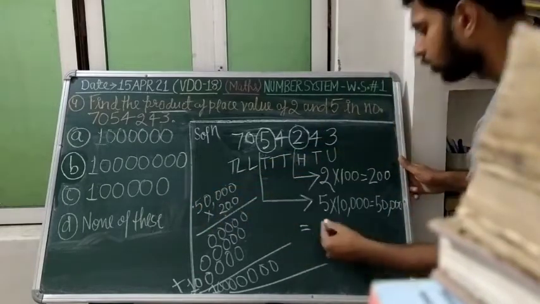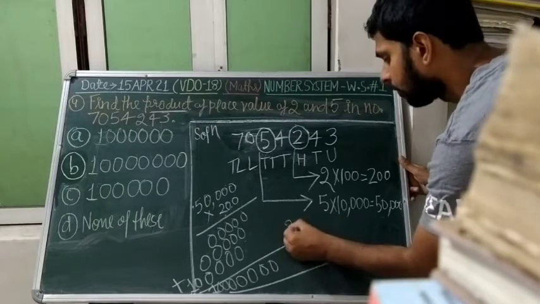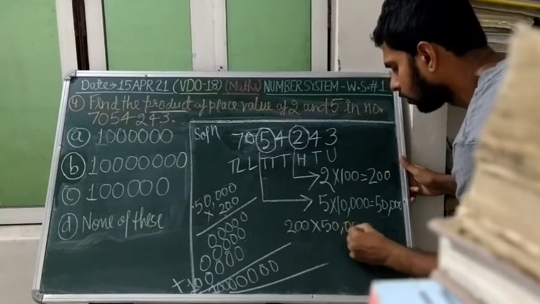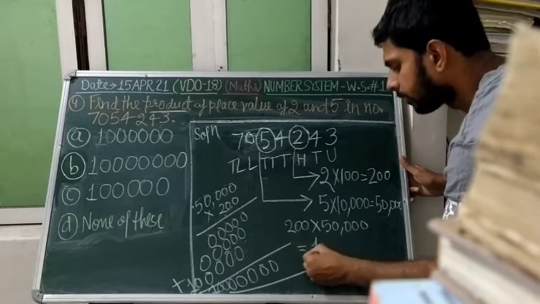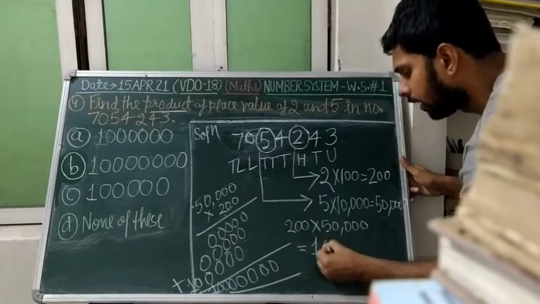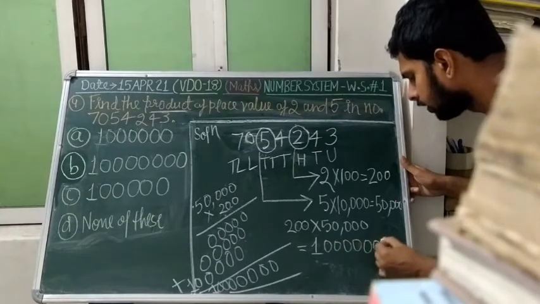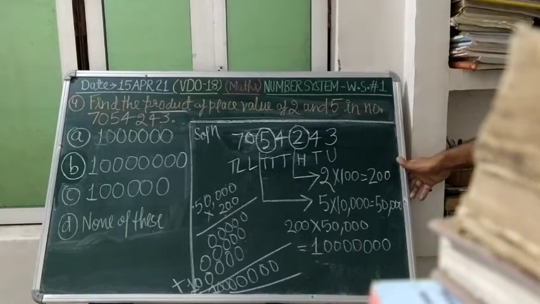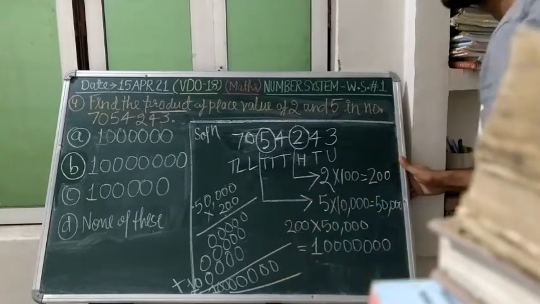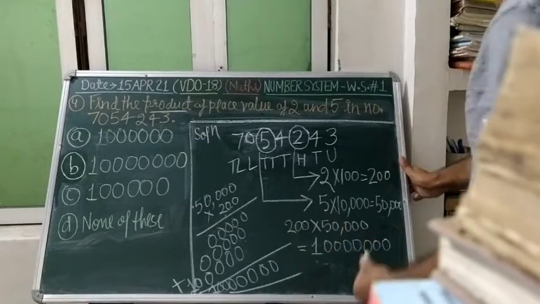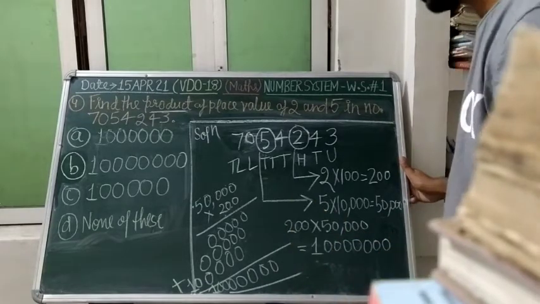So this multiplication of 200 and 50,000 will give us the number 1, and after that 7 zeros. How many zeros? 7 zeros. You can check, you can do the multiplication. I think at the 5th level, if you are not able to do multiplication, you should be in 2nd or 3rd class.